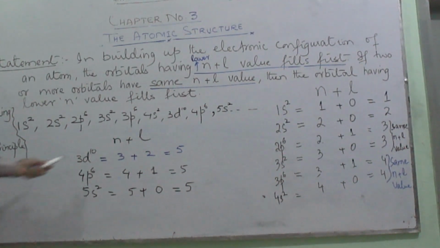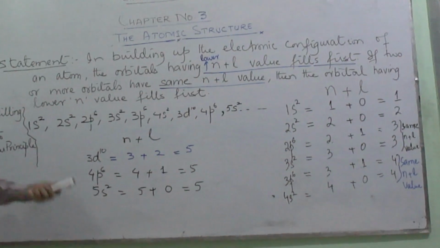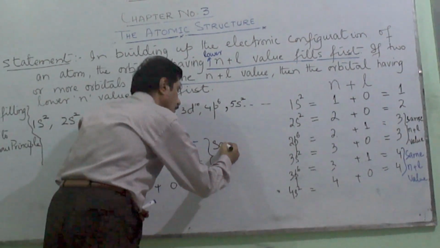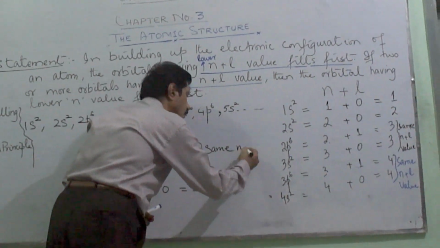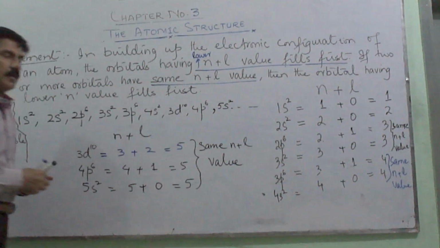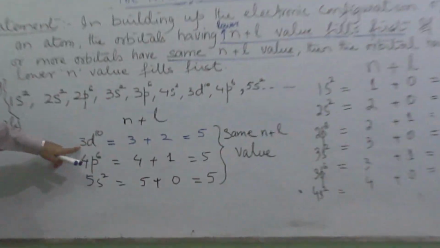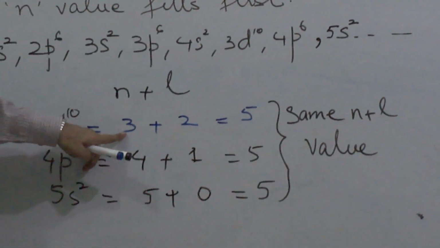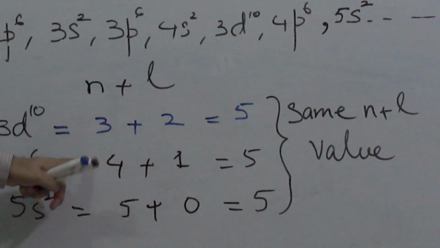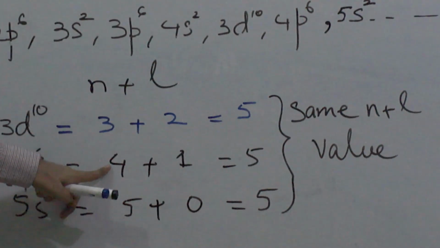Again n plus L value for these 3 orbitals become same. But as you all know that lowest n value is for 3d. So first 10 electrons were allowed to enter in 3d orbital. Then the higher value of n is for 4p.